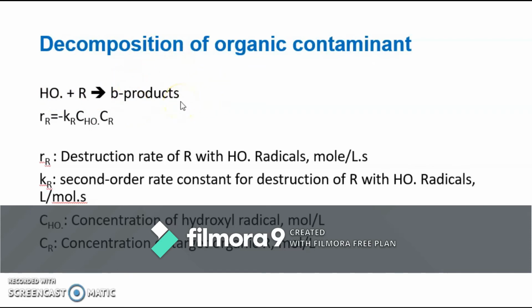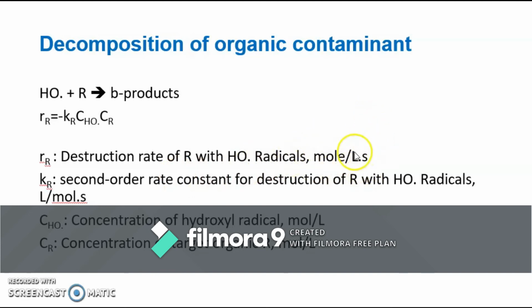So we can calculate the chemical reaction rate for this process. So we have the rate law for hydroxyl radicals that are reacting with the organic compound. So in this process, we have the destruction rate of organic compound with hydroxyl radicals.